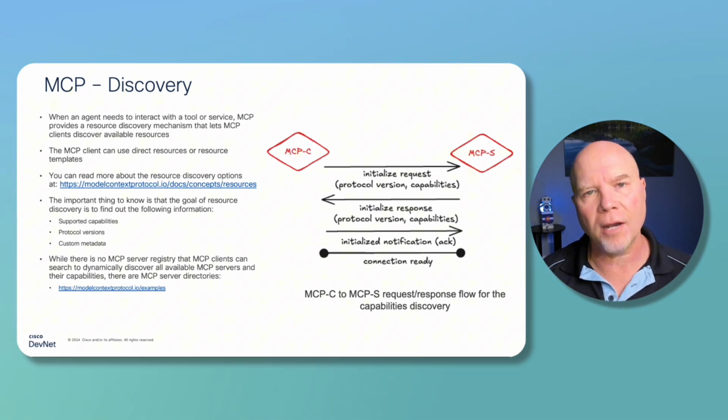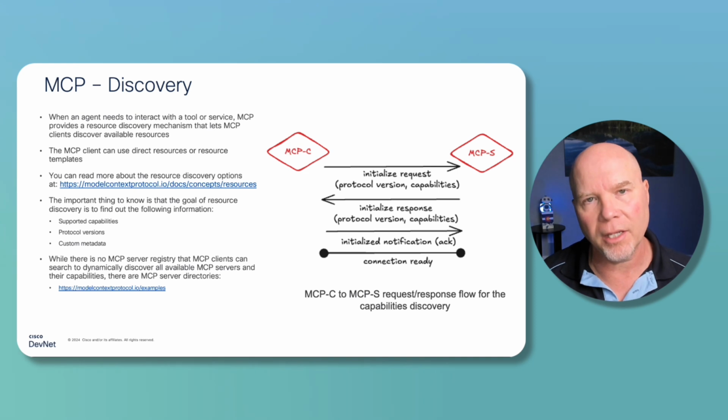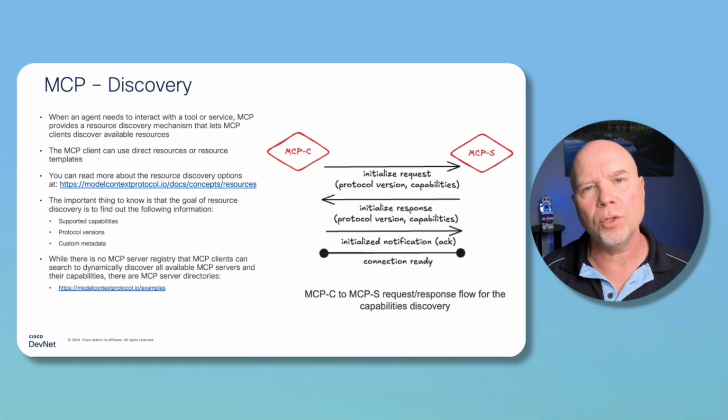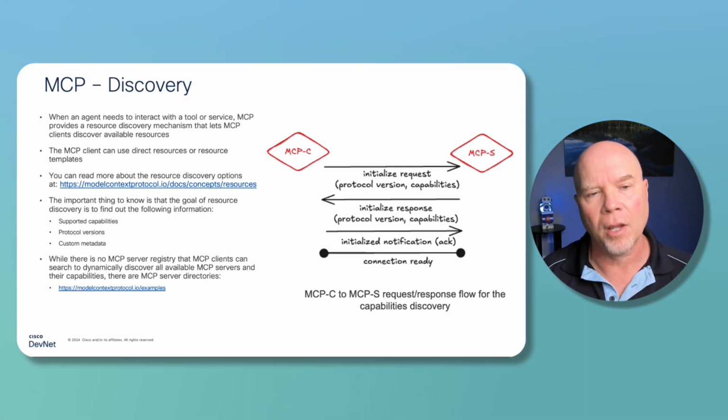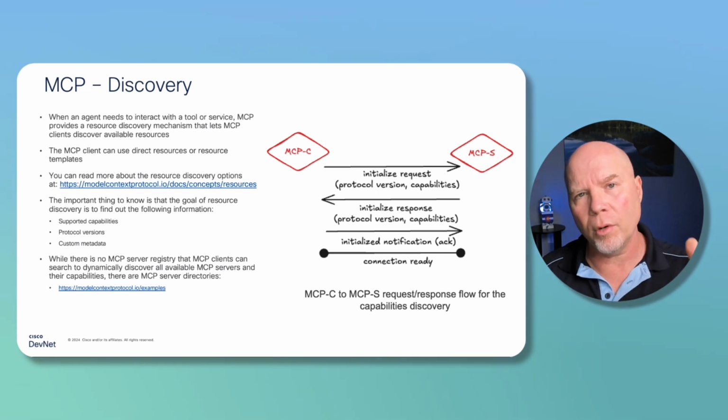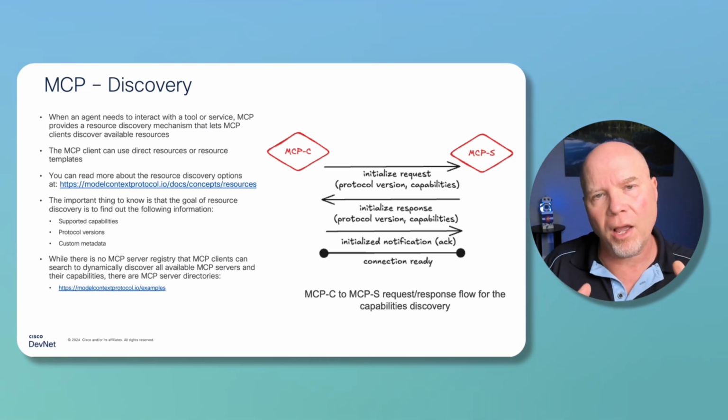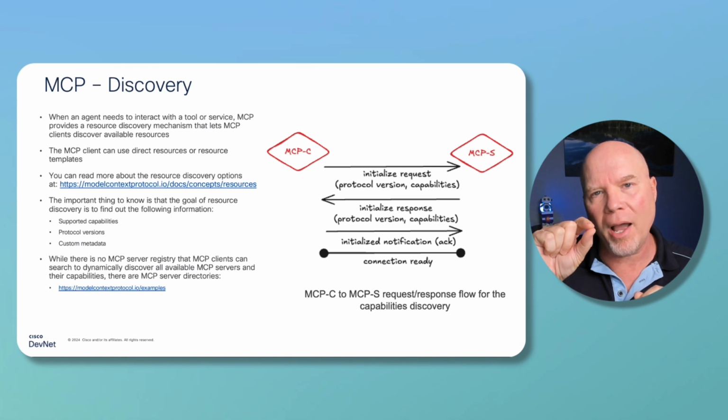What MCP discovery means is the capabilities of the resources we're interacting with. Okay, so when we do MCP configurations from the client to the server, they're utilizing this component known as direct resources. There's also a resource template, but we're talking about direct resources today. And so this is where I would go into my client and I would statically define an MCP server by a URI.